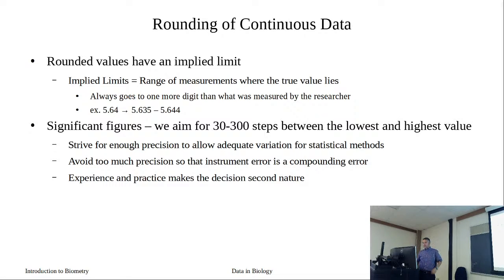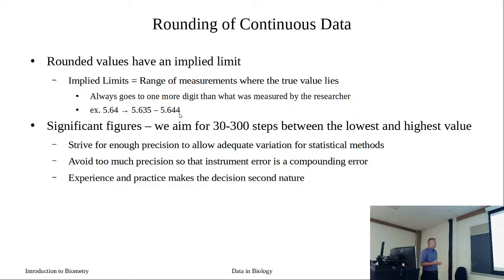So our actual value could be 5.64, but could also be as small as 5.635 and as large as 5.644. This here is our implied range. This is the number that we reported, our rounded number. So when we say our implied range goes one more digit, we look at that last digit, that 4, and say, okay, that could be either a 35, there's our one more digit, or a 44, there's our one more digit.